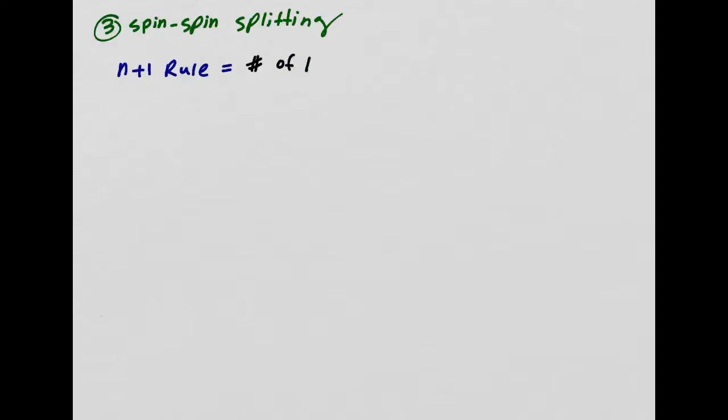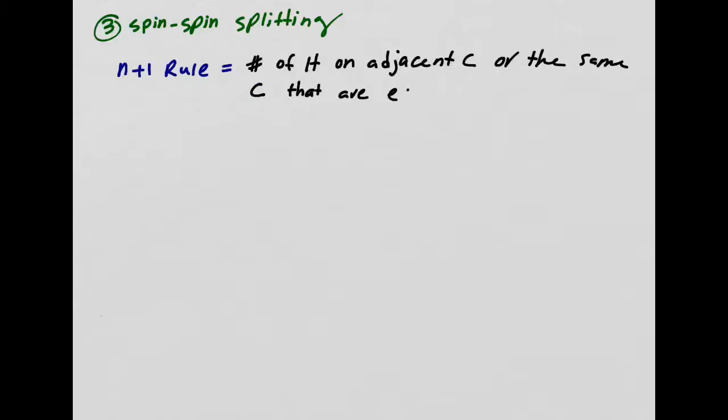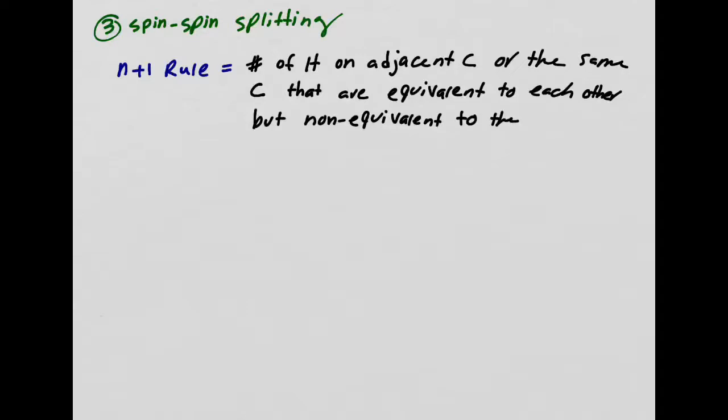It's basically the number of hydrogen on the adjacent carbon or the same carbon that are equivalent to each other but non-equivalent to the hydrogen that we are looking at.